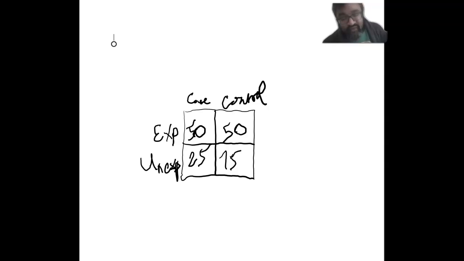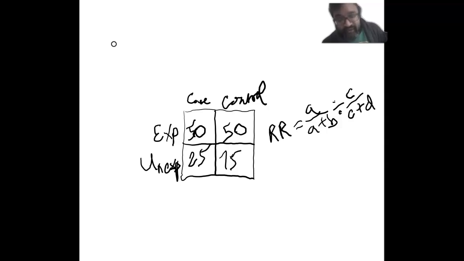So what I'm going to do is write out the formula for odds ratio and relative risk ratio. So relative risk ratio is A over A plus B divided by C over C plus D. So we all know the formula.